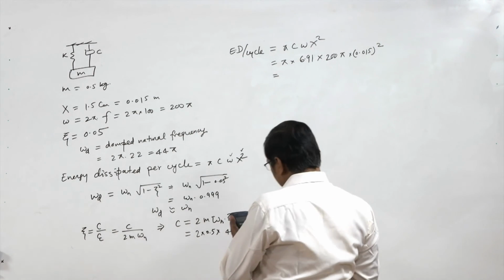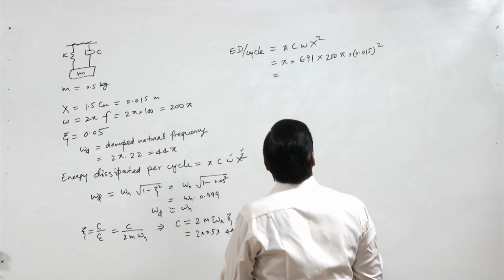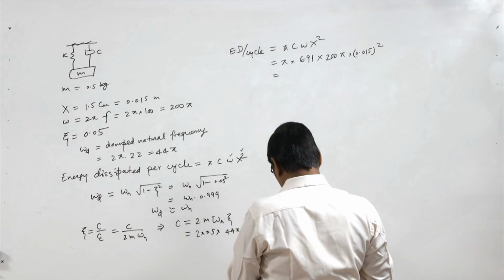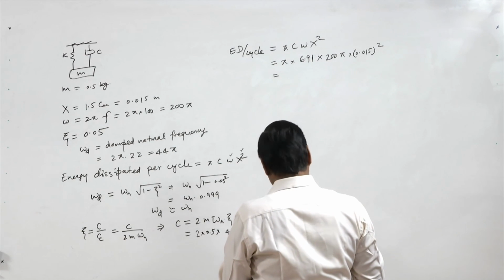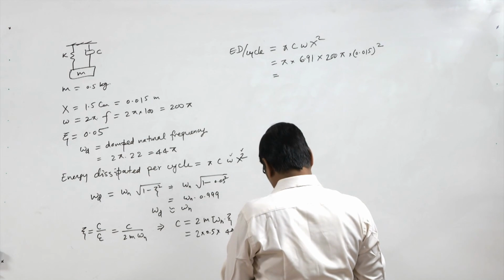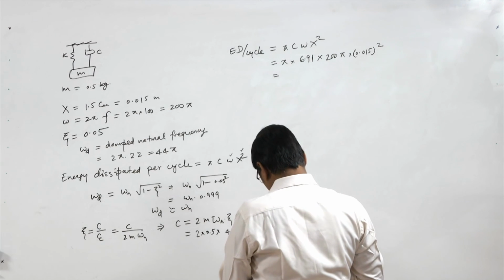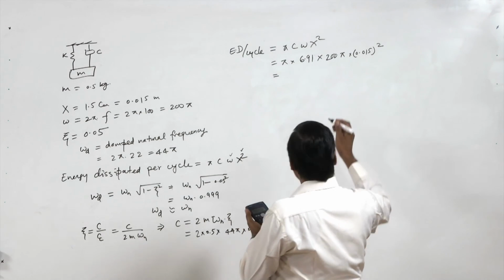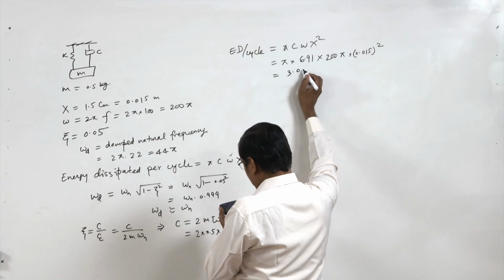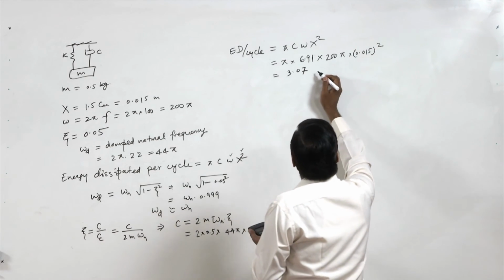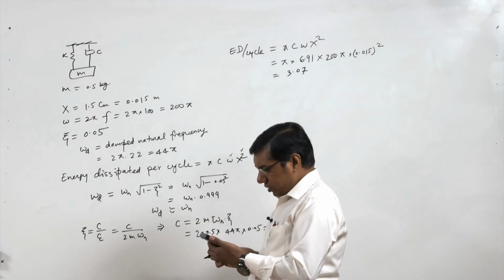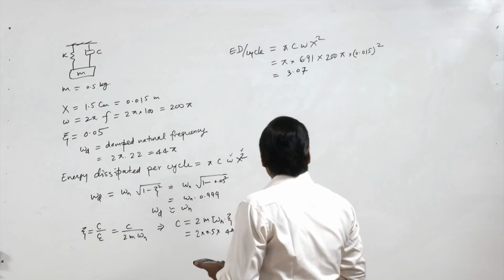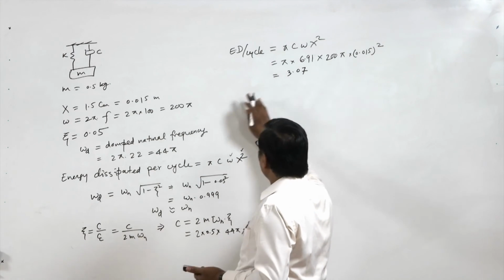That is, we can calculate, that is 3.07. So now this is the energy dissipated per cycle.